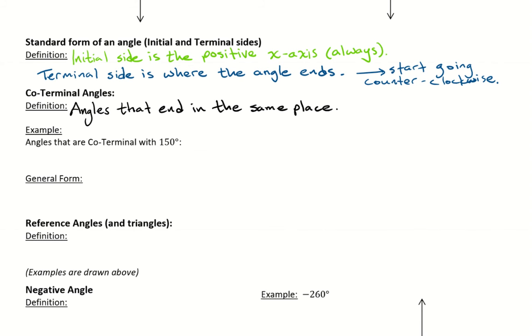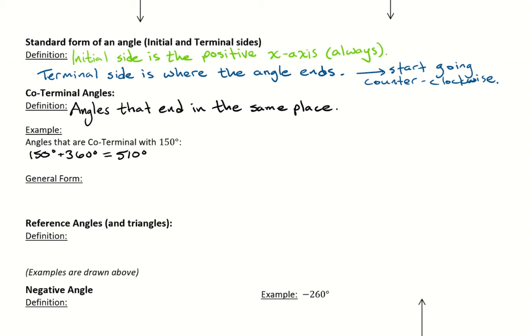To look at an example, angles that are coterminal with 150 degrees: 150 degrees plus 360 degrees, that's just a circle around after 150, is equal to 510 degrees.